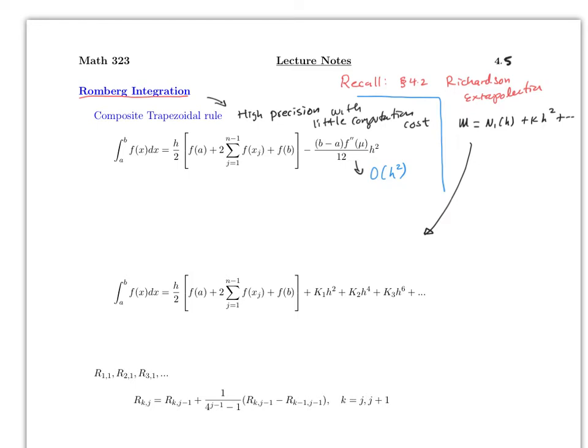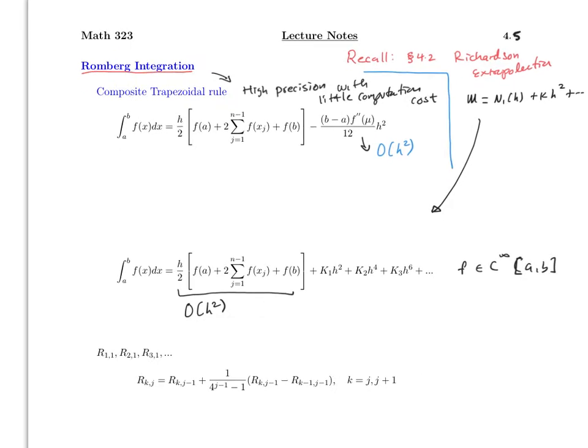Now, for this to be possible, this assumes that f has an infinite number of continuous derivatives, which obviously is not the case for all functions. And remember, this by definition is big O of h squared.